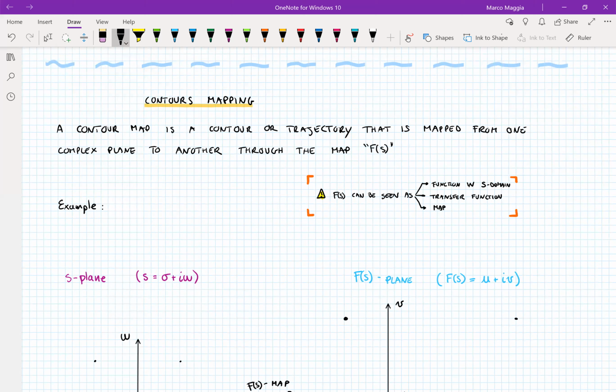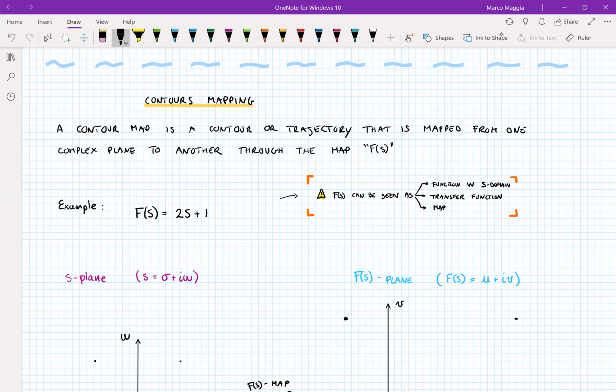So we need a map, and I'm going to tell you that this is a map. F of s equals 2s plus 1 is a map. Hold on a second, that looks like just a function in the S domain or a transfer function. Well, as I pointed out here, you can interpret f of s as all three of these things.